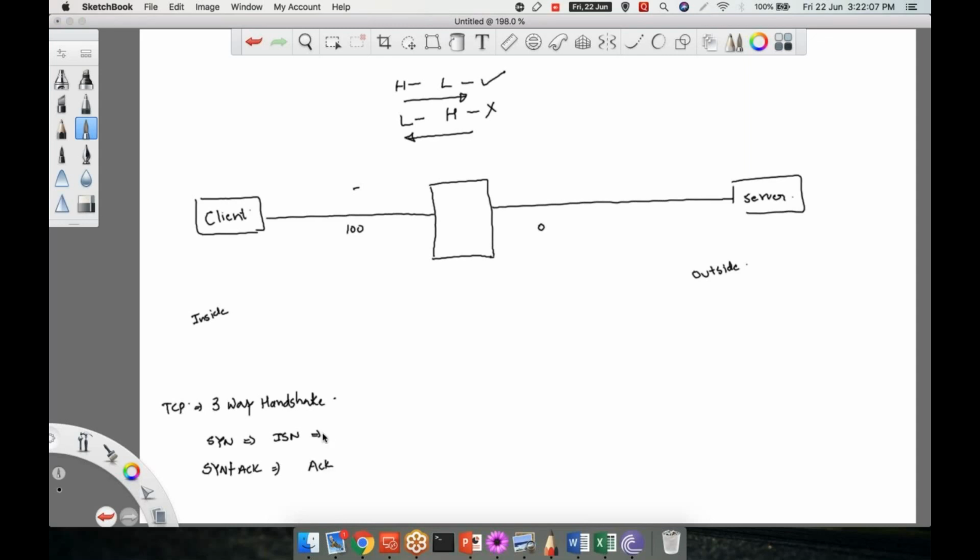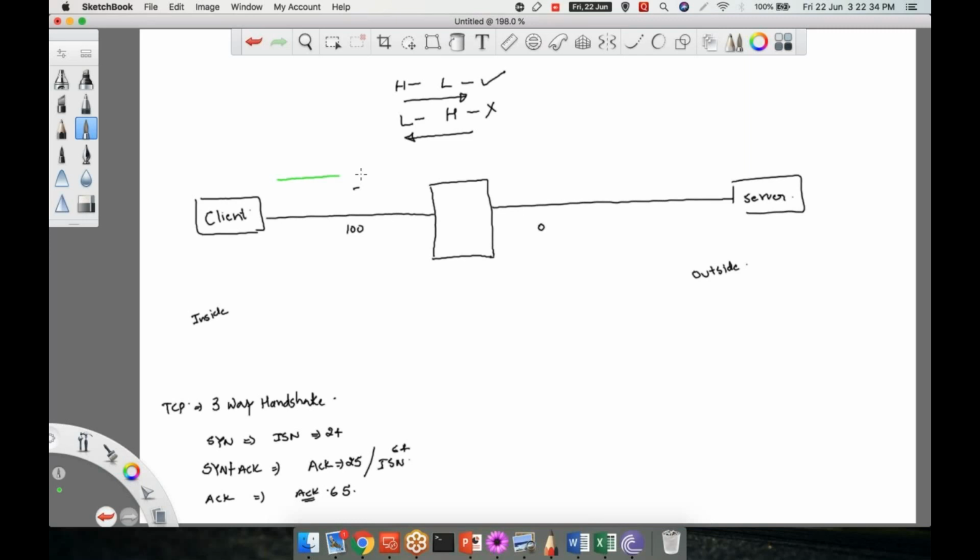For example, if the initial sequence number is 24, the acknowledgement we get is 25, that is 24 plus 1, along with the server's initial sequence number. Then we have the acknowledgement. Let's say the ISN sent by the server is 64, so the acknowledgement will be 65.